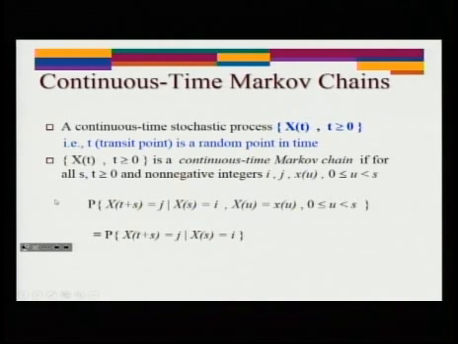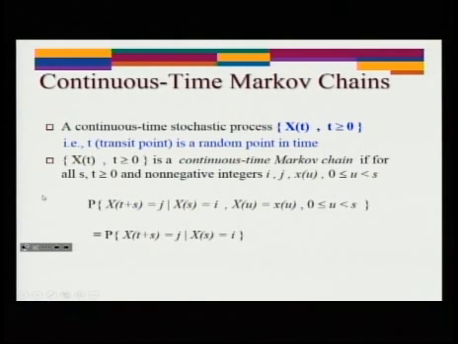Last time I introduced the continuous time Markov chain, and we talked about how, unlike the discrete time Markov chain, in the continuous time Markov chain each value of t, that is the transit points, are random points in time, right? But just like the discrete time Markov chain, the continuous time Markov chain also has the memoryless property.